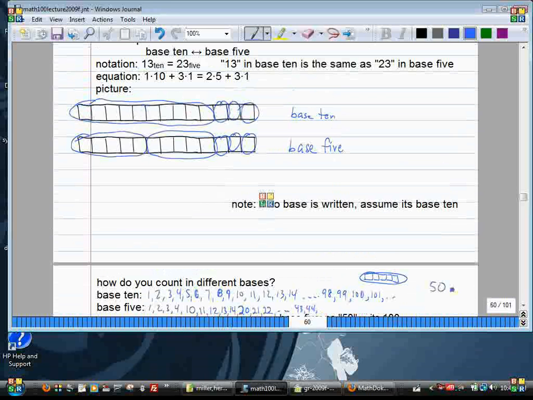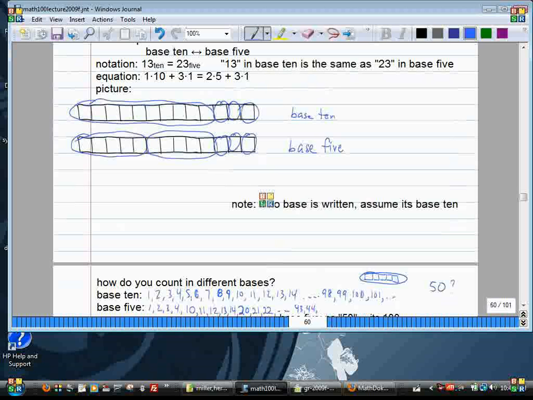Does base 5 have the number 50? Because in this case we've got 5 groups of 5. But what happens in base 10 when we have 10 groups of 10? What is that? That's 100.